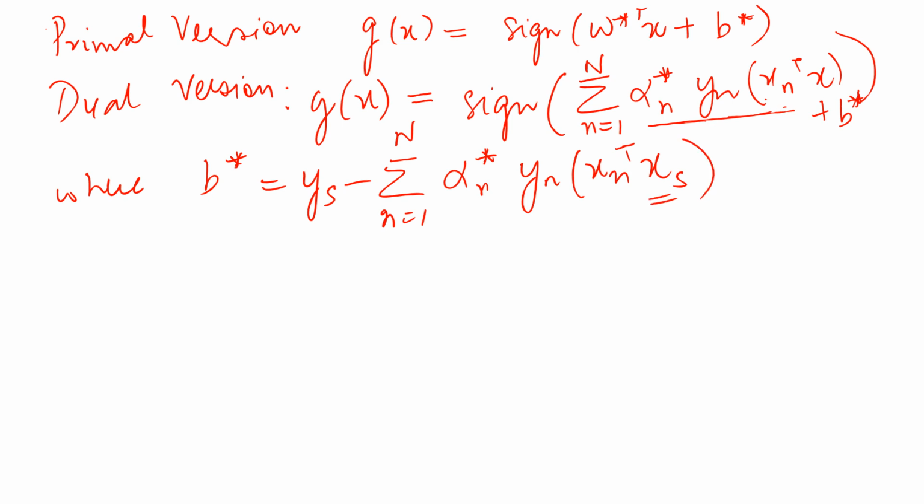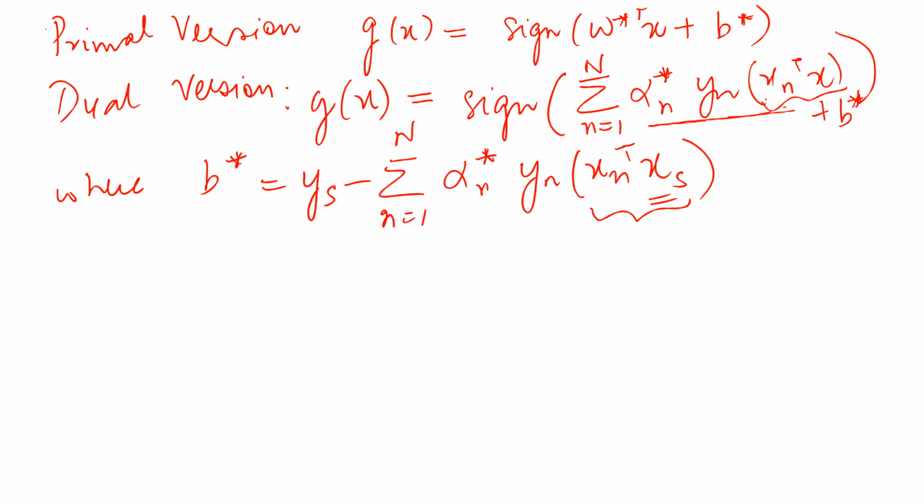We talked about that earlier. Because we have a form of representing w, when we rearrange terms, we have this term here and this term here. Overall, the final version of my dual problem depends on my alpha n star, my yn, my xn, and also on x.